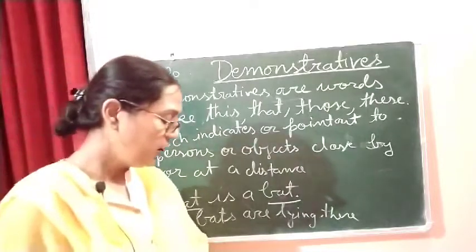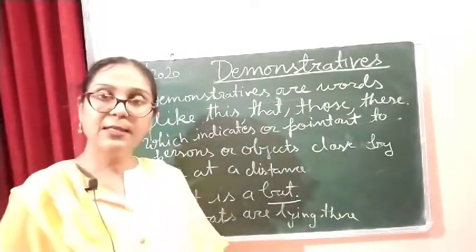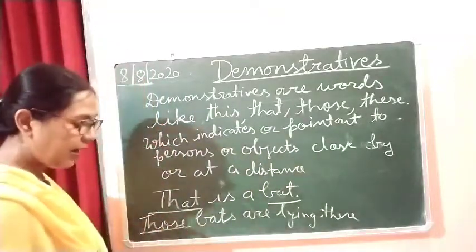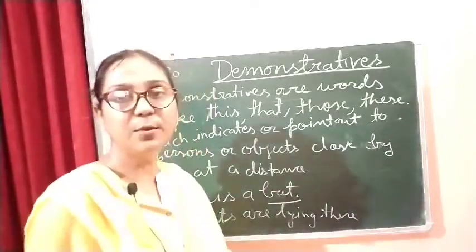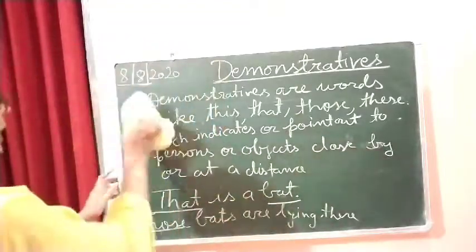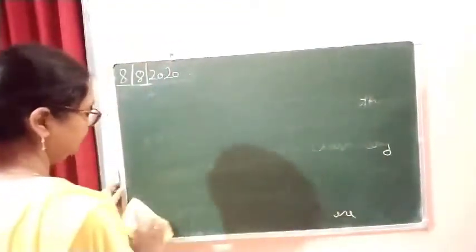Now we are going to start solving exercises number F and G. Both are exercises which are given on page number 45 in your Mastering Grammar book, page number 45, and we are going to solve this today.